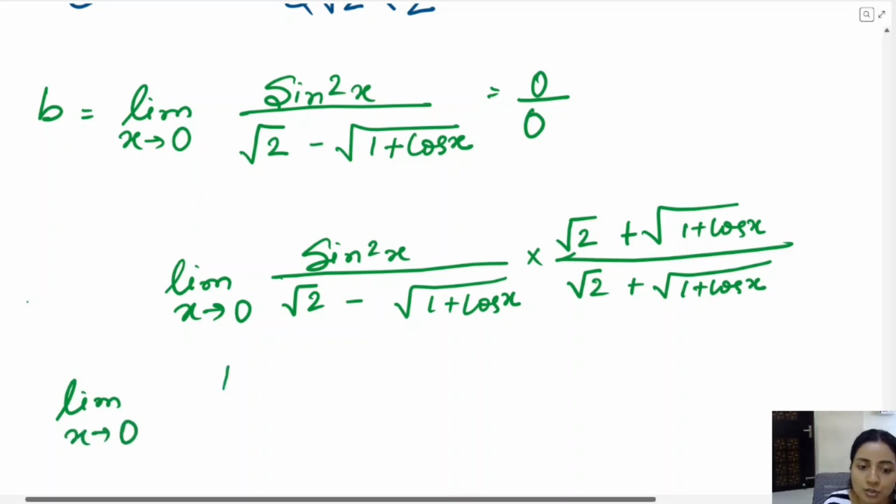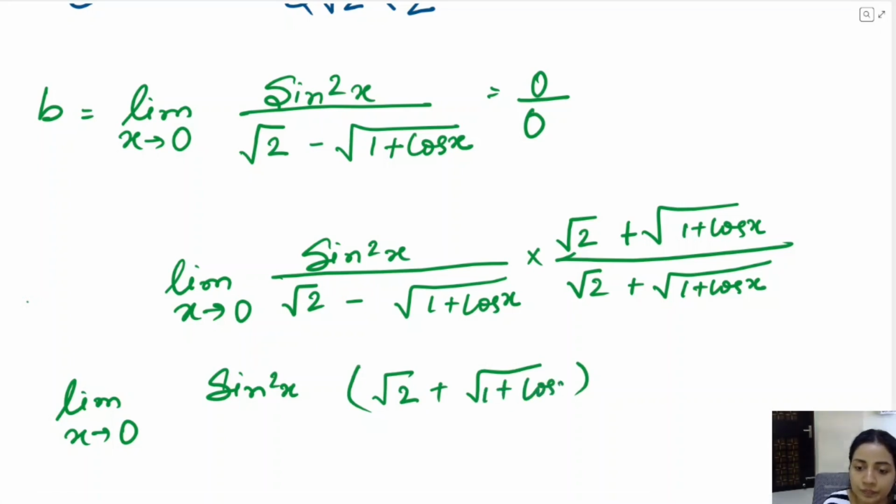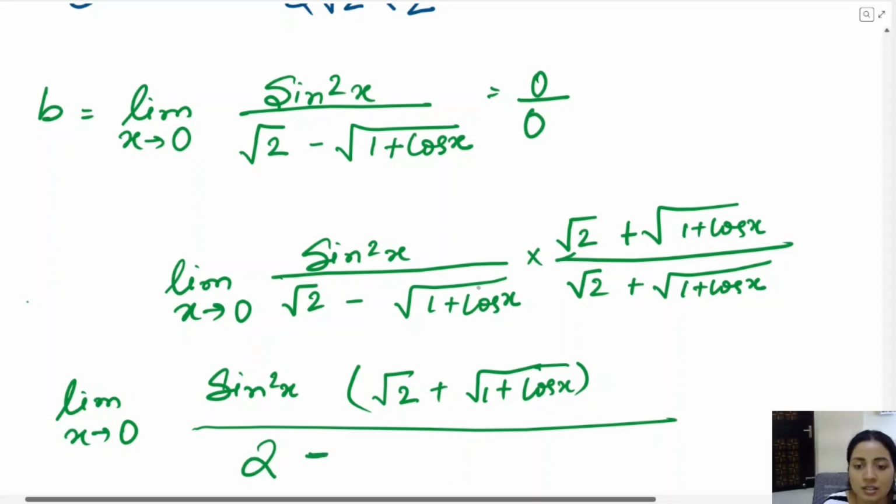Limit x tends to 0 sin square x. In the numerator we'll keep the terms as it is. And in the denominator let's do a square minus b square. So a square, root 2 square, will be just 2, minus root 1 plus cos x square will be just 1 plus cos x.